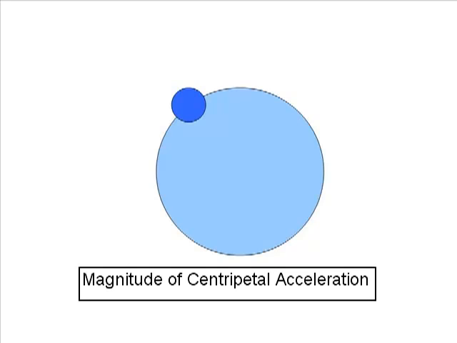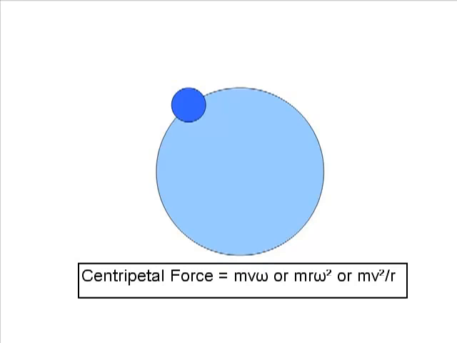Now, we already got the magnitude of centripetal acceleration as v omega, or r omega square, or v square upon r. If we multiply this acceleration by mass, we will get the force. Hence, the formulae for centripetal force are m v omega, or m r omega square, or m v square upon r.